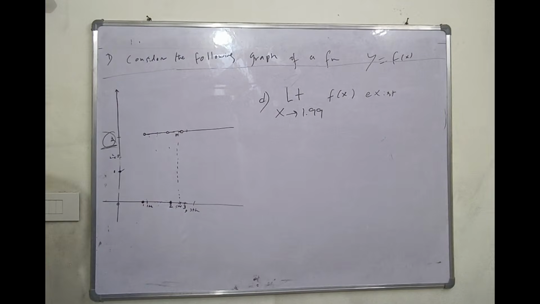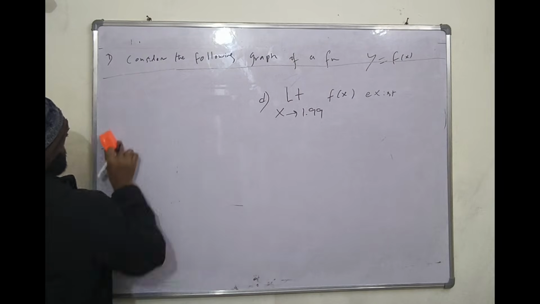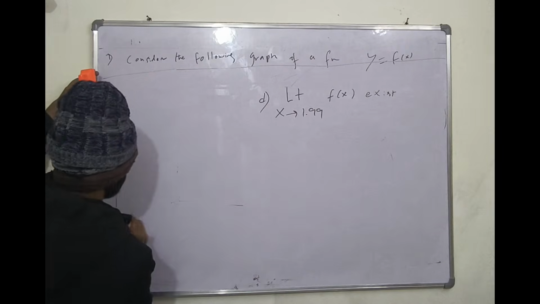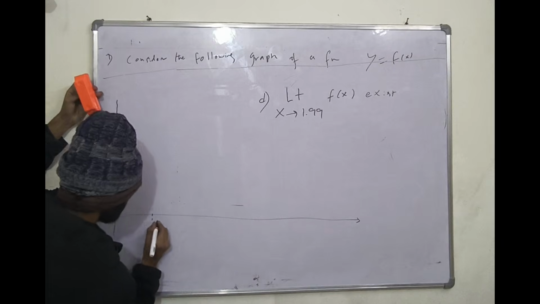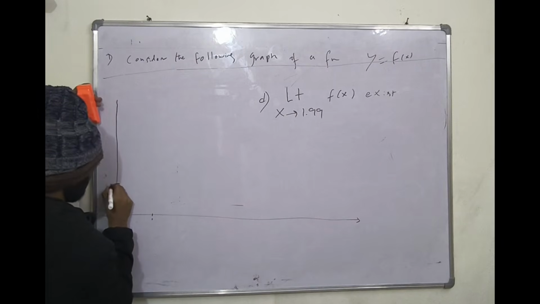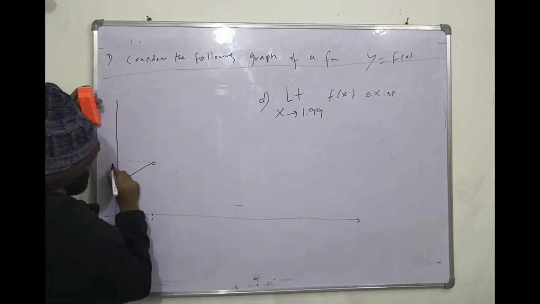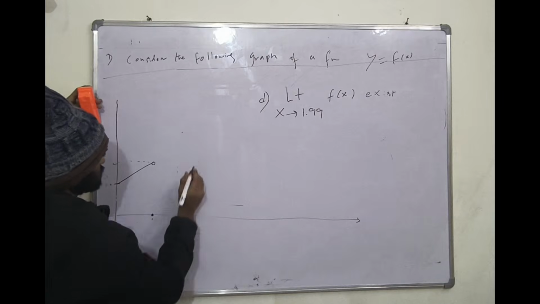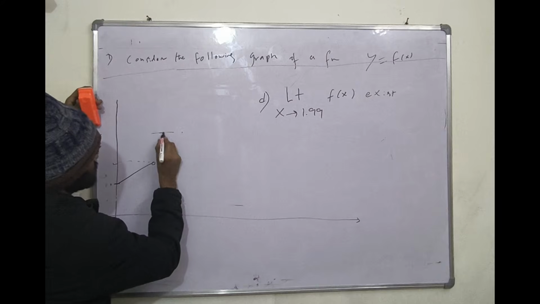So let's see. I want to rewrite the diagram. These are the diagram. So this is the given one. 2 and again 0, x equals 2, and this point again.